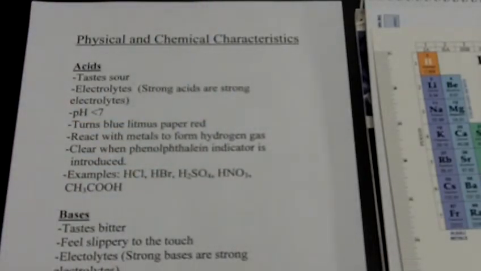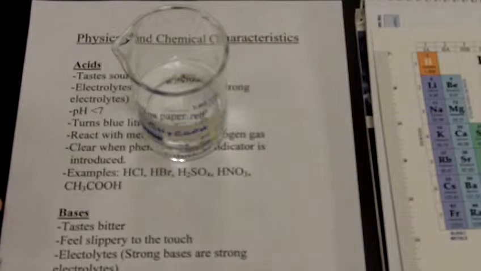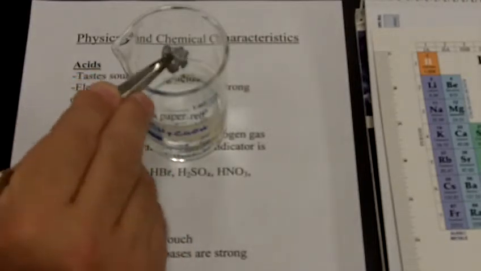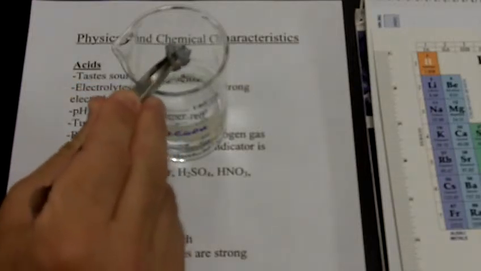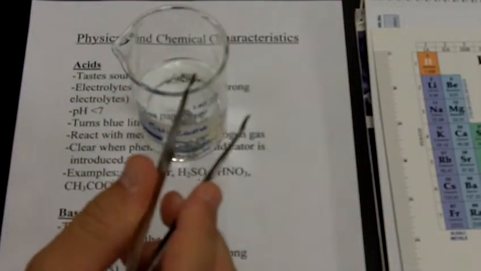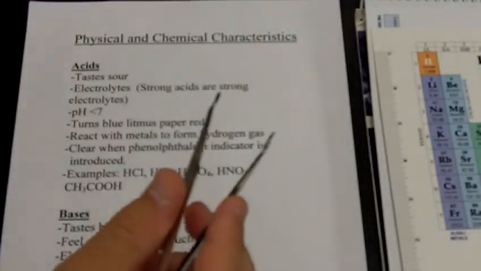It also reacts with metals to form hydrogen gas. So for example, if I had a piece of zinc like this, and I were to place it into acetic acid like this, it would form hydrogen gas. Folks, I'm not going to drop it in there because I prefer not to have hydrogen gas loose in the room. Oops, I just dropped it. Okay, well I guess I will have hydrogen gas loose in the room.